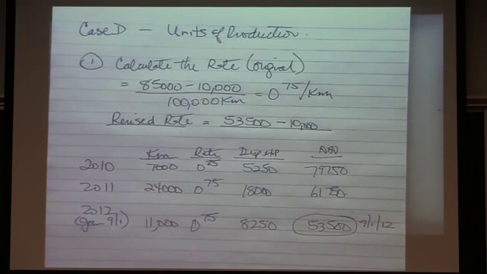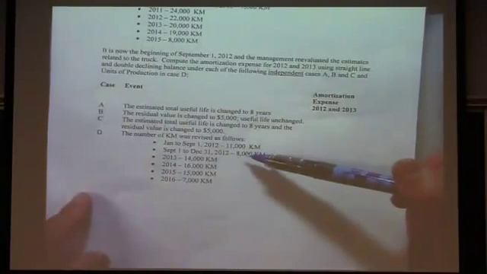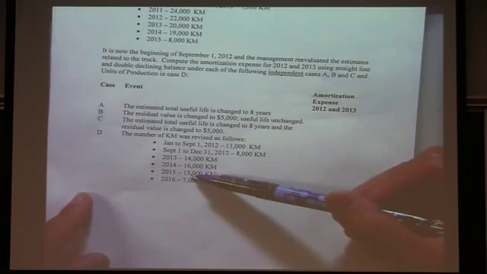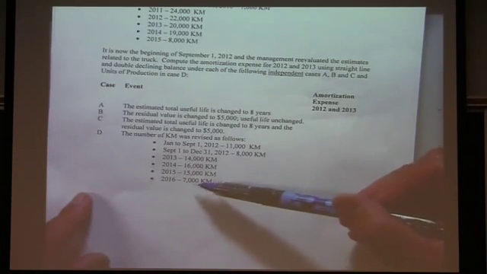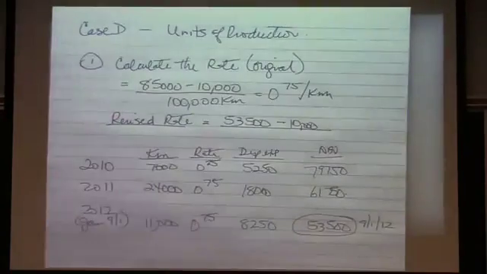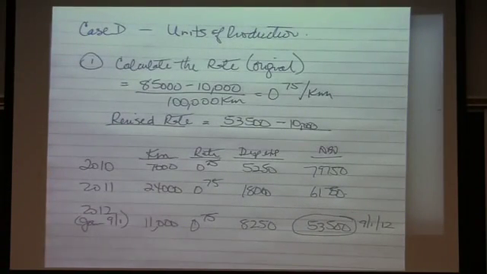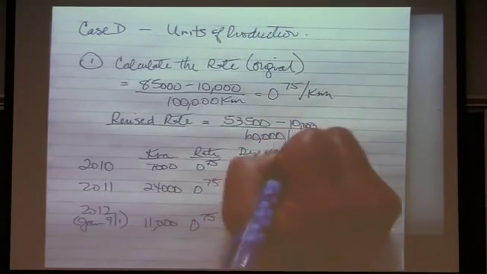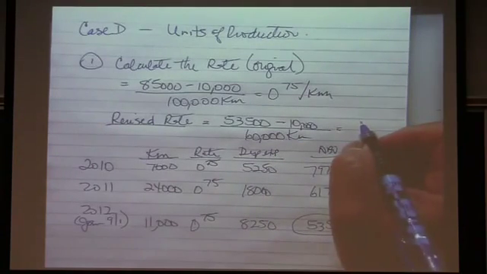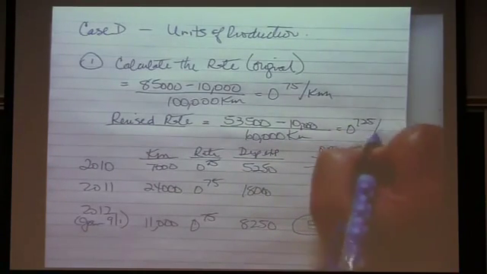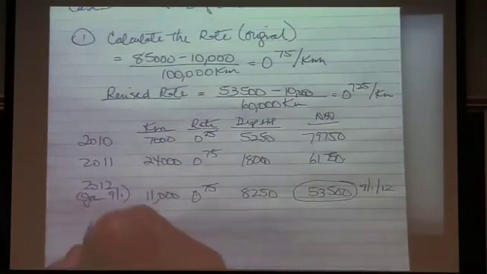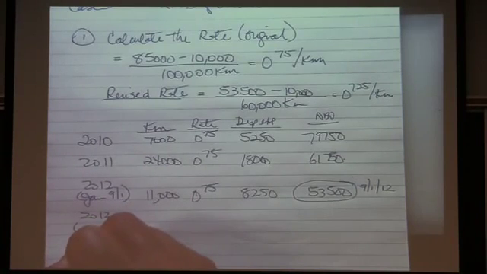In this case, we're going to add the 8,000 plus the 14 plus the 16 plus the 15 plus the 7. Those are the remaining kilometers, and that should give us in total 60,000 kilometers to give us the new rate of 0.725 per kilometer.